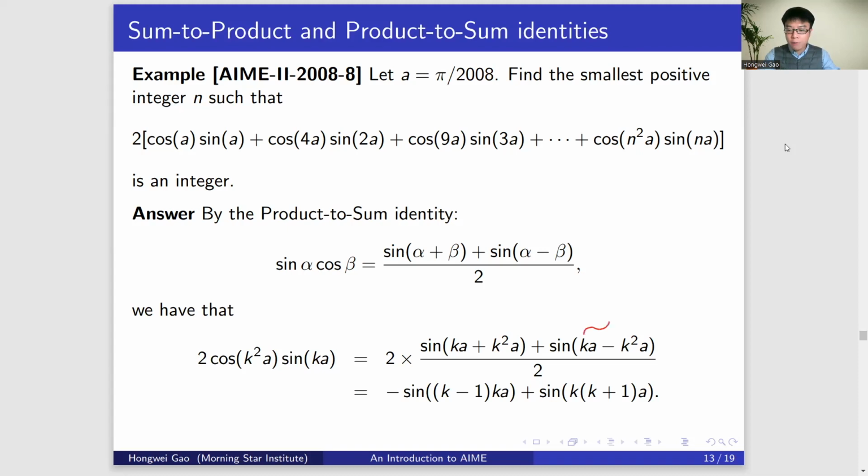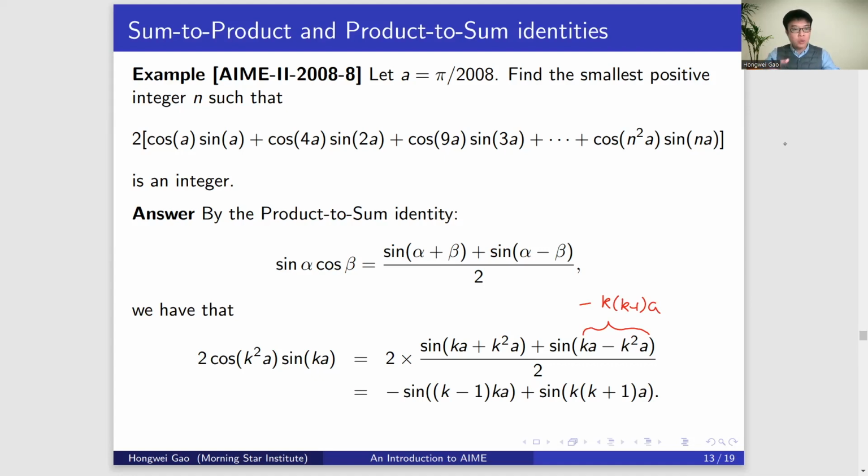We note that the latter term is minus k times (k minus 1) A. We can move the negative sign outside of the sine. So we have the following expression: minus sine of (k minus 1) times k A plus sine of k times (k plus 1) A. This applies to every k from 1 to n.